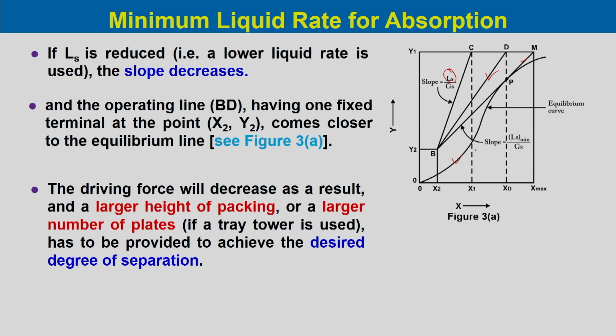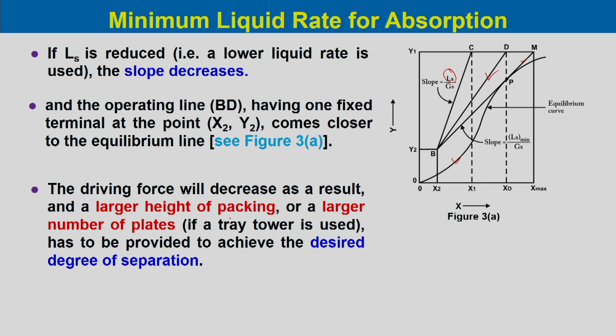So, the distance between the operating line and the equilibrium line represents the driving force. As we decrease the liquid rate, this distance decreases, and hence the driving force decreases.